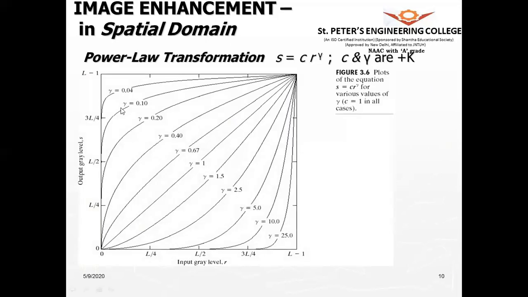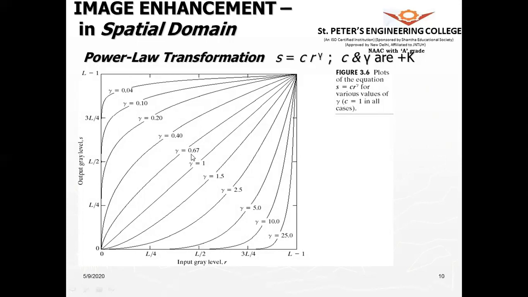Next is the power law where S is equal to C into R power gamma, where gamma is a positive constant and C is also a positive constant. Now this is what we can observe from the graph of the input versus output for the different values of gamma. This line is a straight line indicating that it is a linear region and gamma is equal to 1.